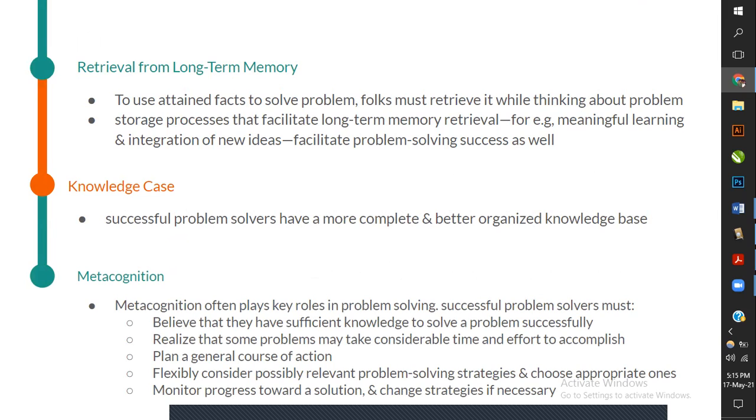Like I said before, sometimes we cannot memorize or remember all the information we learn, so we write it down, or maybe we have our USBs or computers where we type all this information so we can go back and review it. As for the knowledge base, successful problem solvers have a more complete and better organized knowledge base.